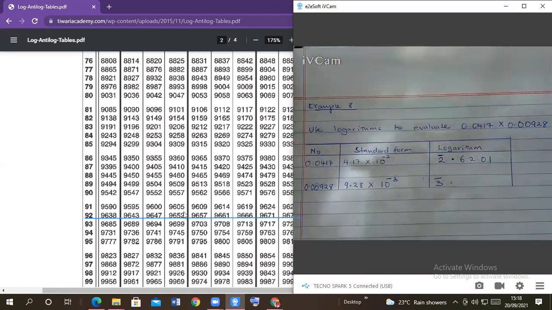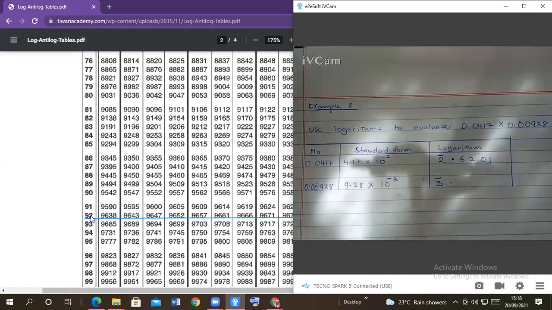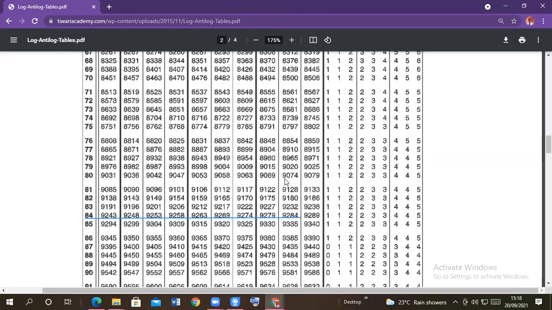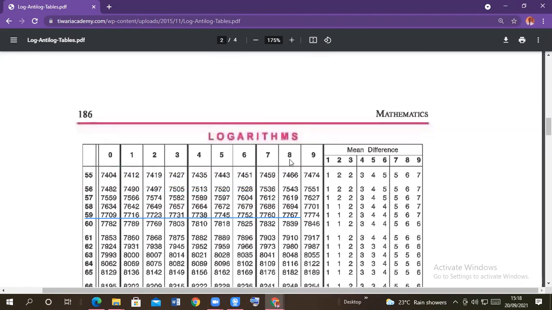So there is a point between 9 and 2. All these numbers are written to one decimal place: 9.0, 8.9, 8.8, 8.7. So this is 9.2, and then we look for that column of 8. The column of 8 is this column here.